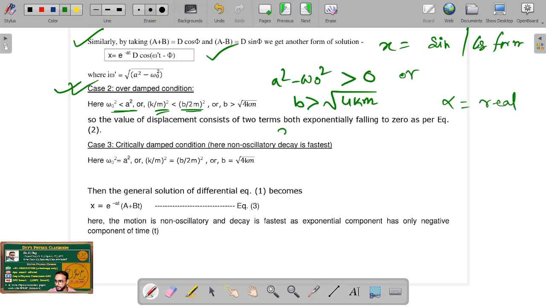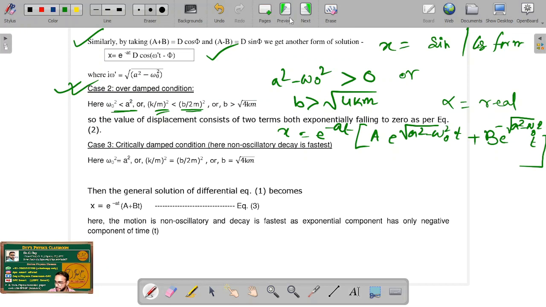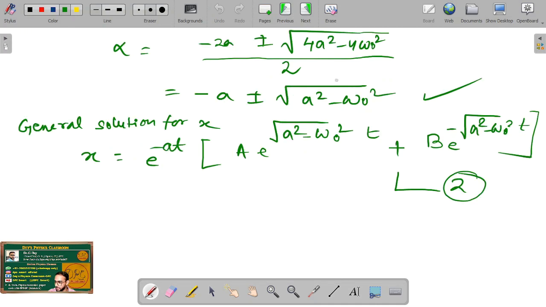That means x equals to e to the power of minus at in bracket a e to the power square root of a square minus omega 0 square t plus b e to the power of minus square root of a square minus omega 0 square into t. So this would be the equation of displacement for overdamping case as per this equation 2.